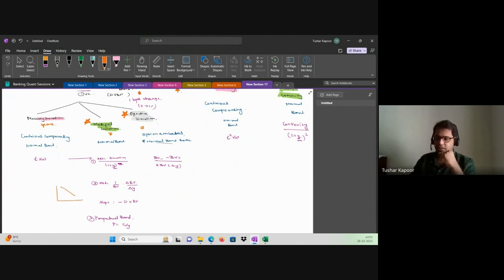But a slope for anything is change in y by change in x, so that means change in bond price by the change in yield. If we realign this formula, change in bond value by the change in yield, what we get is the bond value multiplied by the duration, right?